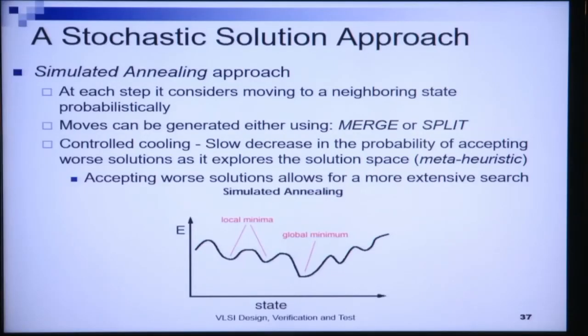So initially my probability of accepting worse solutions is high, so that I can move about in different parts of the state space. But as I converge to a good solution after a certain number of iterations, I want to converge to a certain local minimum, which could possibly be very close to the global minimum. Hence, I slowly decrease the probability of accepting worse solutions as it goes on exploring the solution space.